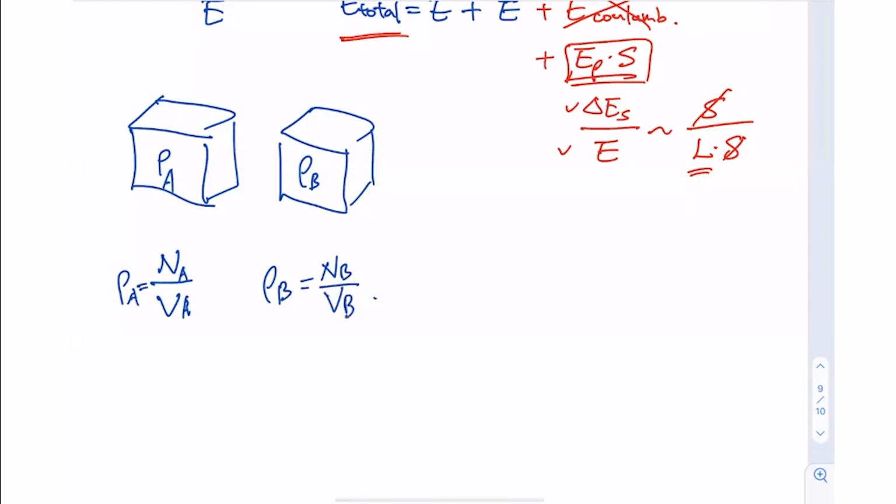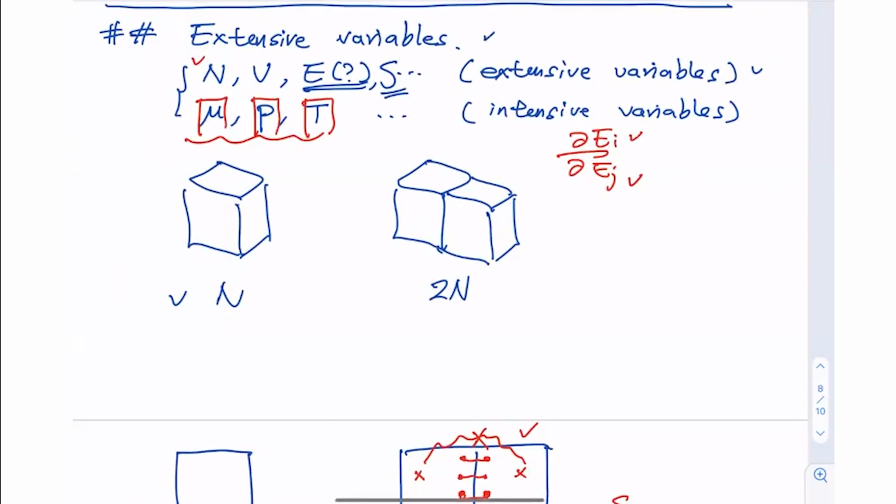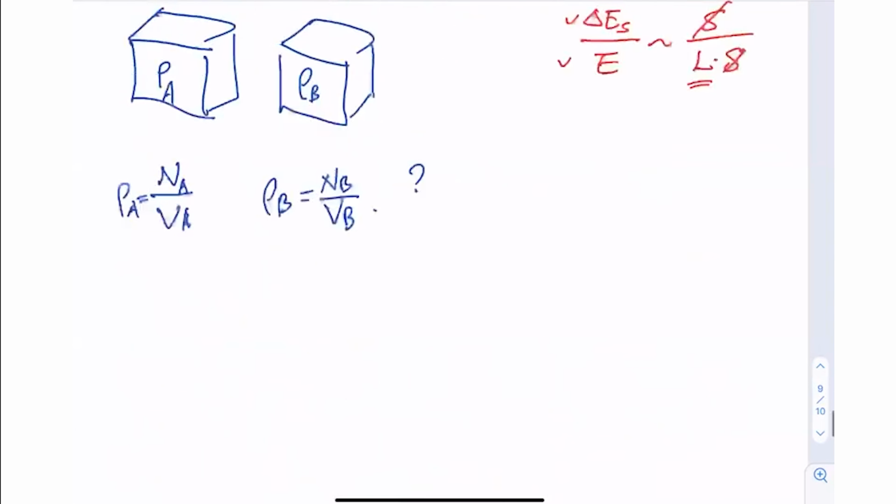And the question is, if I combine my system, is it still a dilute system? Actually, it is a question, but it is not super closely related to the definition of extensive variable. But I'll still try to explain what we mean by that.